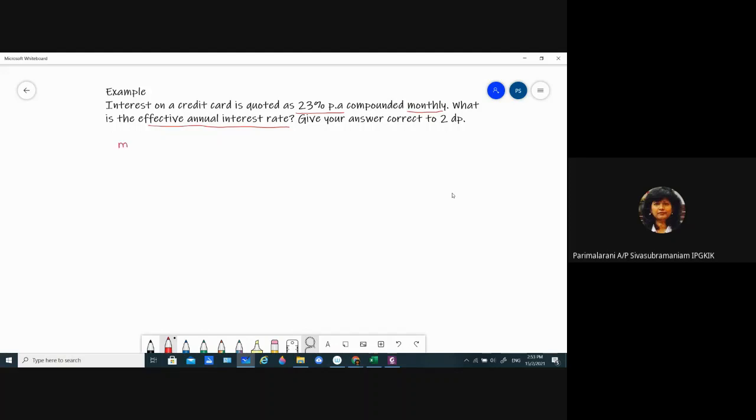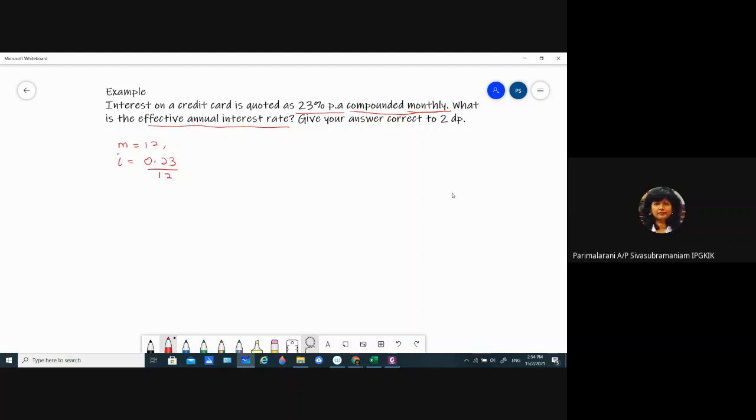Do we know what is M? M is 12. Do we know what is i? i is 0.23 over 12, because it is compounded monthly.